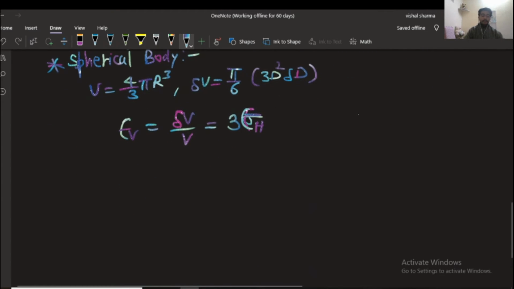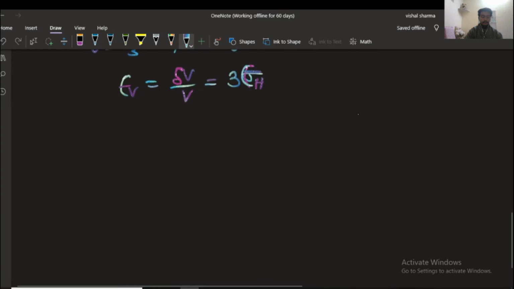Now we are moving to the volumetric strain in case of a triaxial loading.